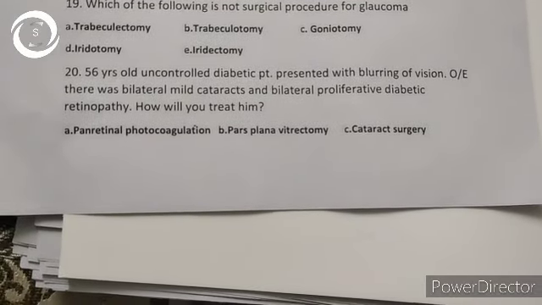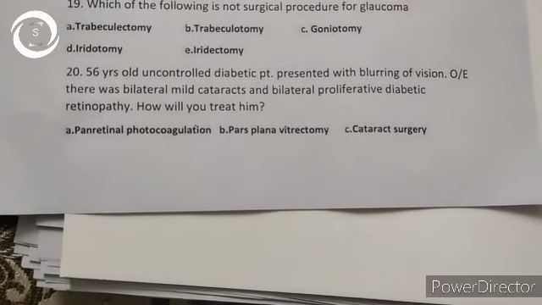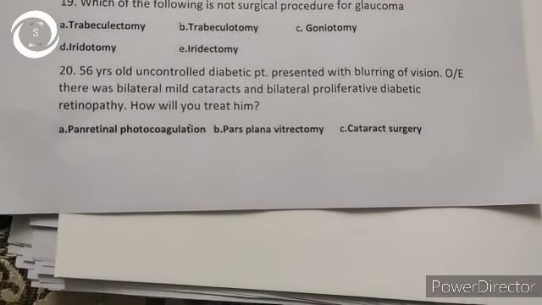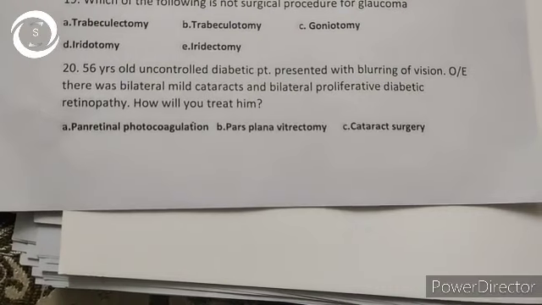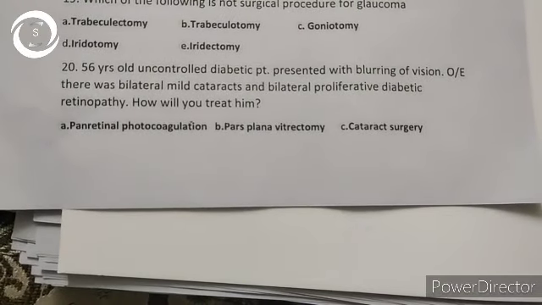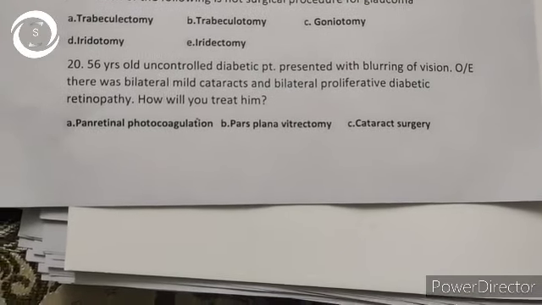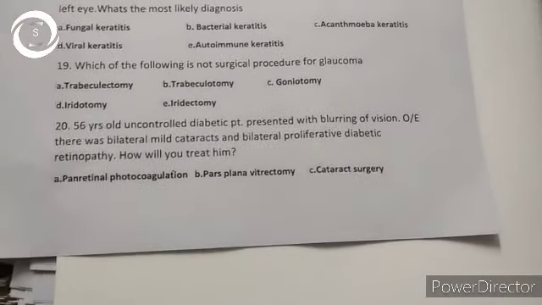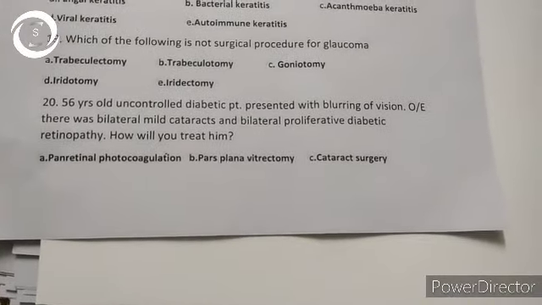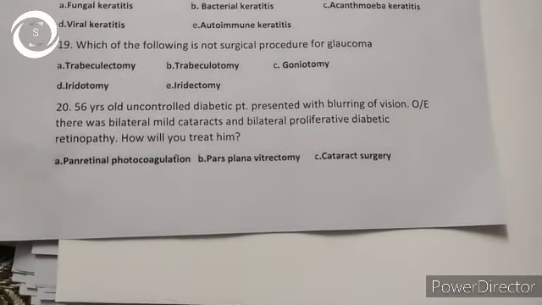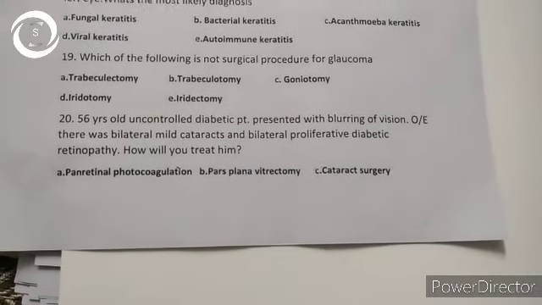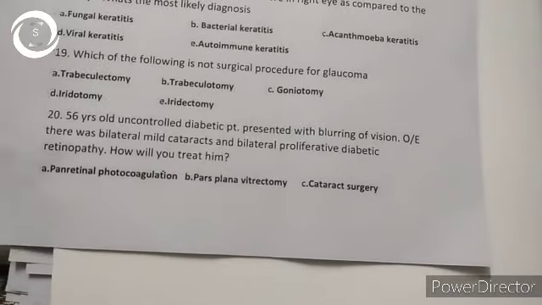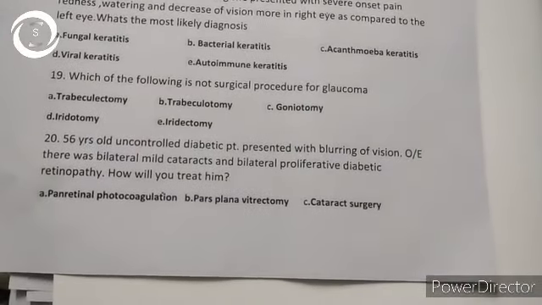So all of the above is wrong, observation is wrong. So we have three options, A, B, C: pan retinal photocoagulation, pars plana vitrectomy and cataract. Now if you operate on mild cataracts, it will also increase diabetic macular edema, so it will have an adverse effect on proliferative diabetic retinopathy. So cataract surgery is also not an option.